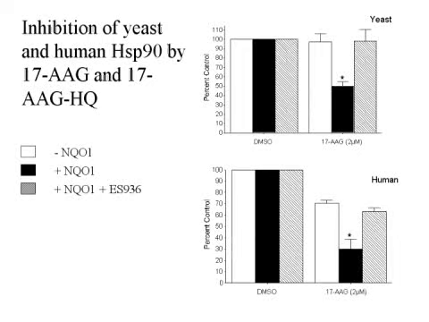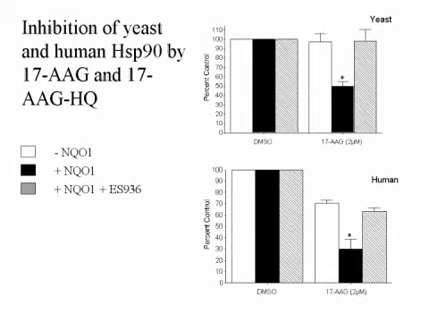So just very briefly, this is looking at the first approach here, inhibition of yeast and human HSP90 by either the quinone, which is 17-AAG, or 17-AAG hydroquinone, which we generate through NQO1 metabolism. And just to take you to the important part of the slide, if you look at 17-AAG here, the quinone itself, with this particular concentration against yeast HSP90, we see very little inhibition of HSP90 activity.